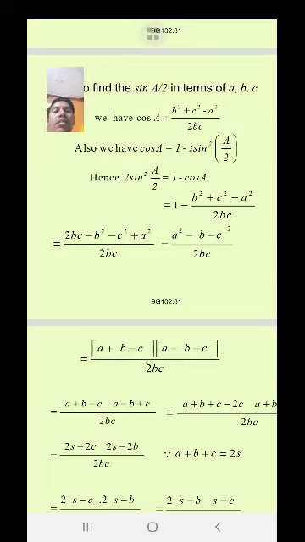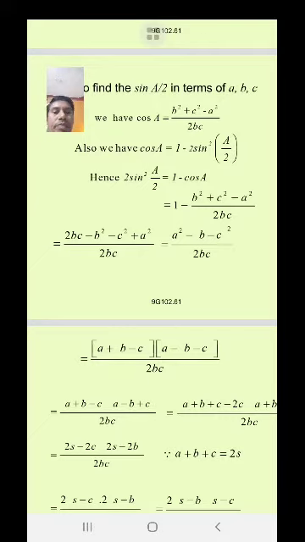If we take the LCM 2bc, and 2bc multiplied with 1, so 2bc minus the numerator of the second term, we get minus b square minus c square plus a square.